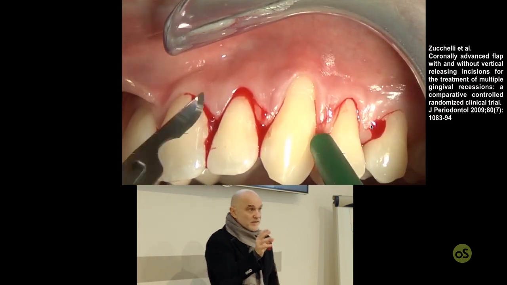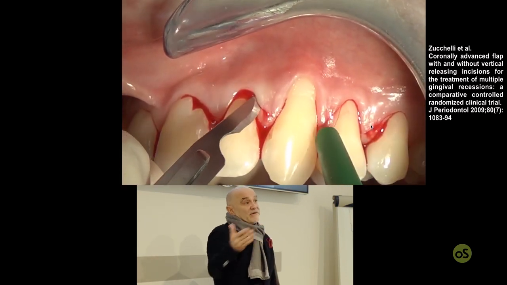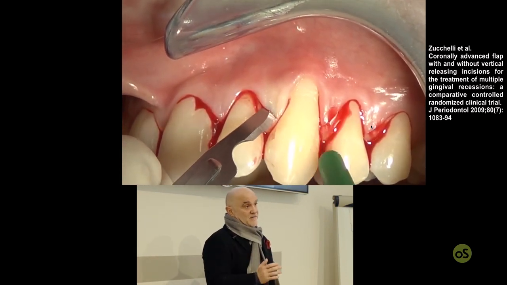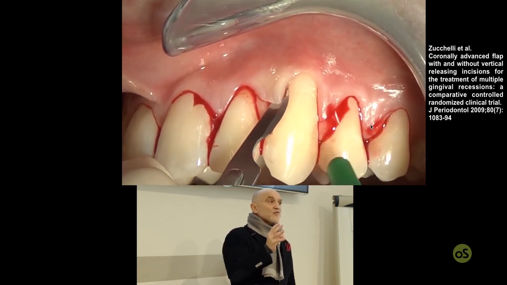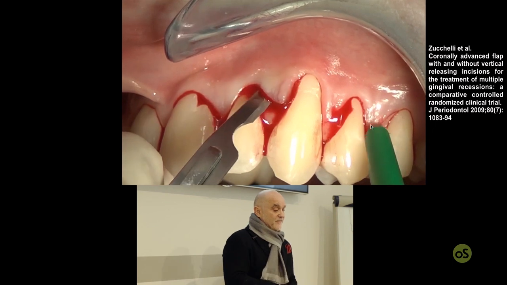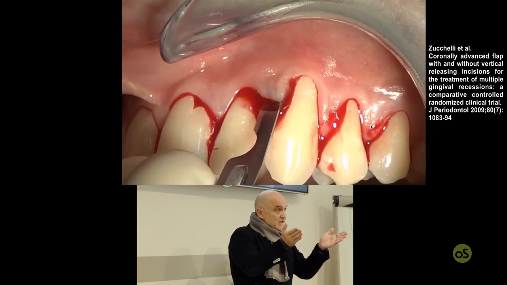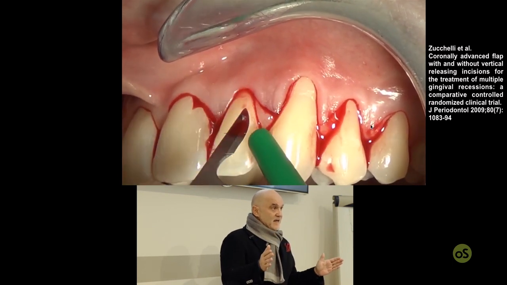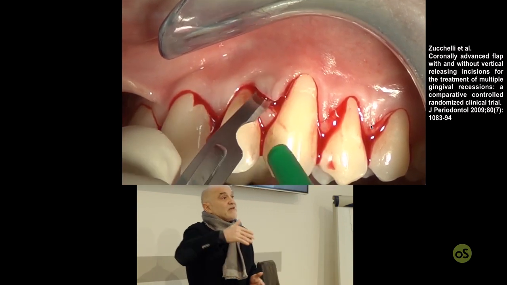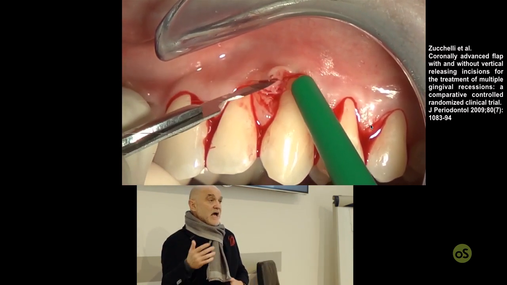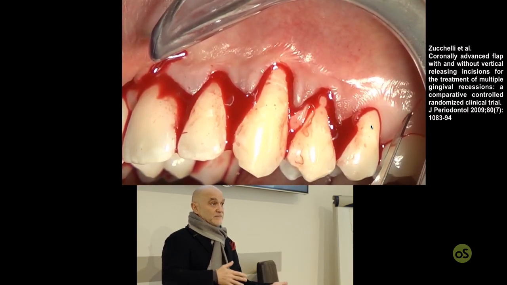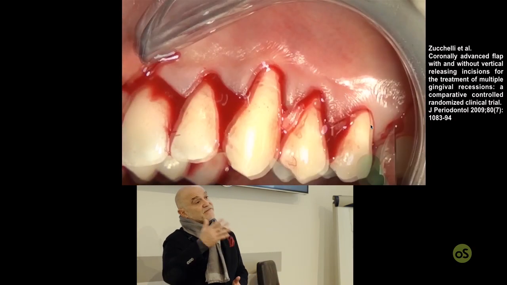If there is one distal tooth that has no recession, you have to block the flap with one vertical release incision. So the general rule is that this type of flap is always the same, with incisions convergent towards the canine. But for example, if you don't have recession in the 6, why extend the flap to the 6 that is healthy? I will make a vertical release incision distal to the 5.